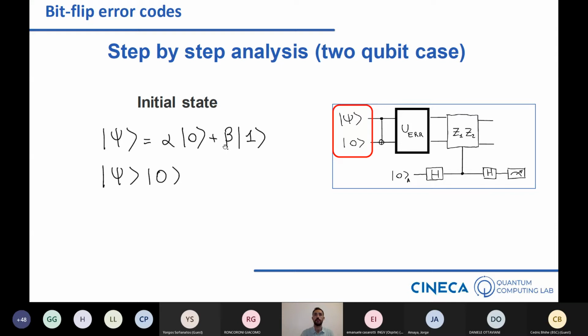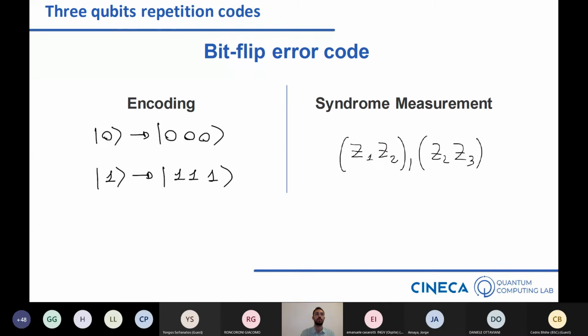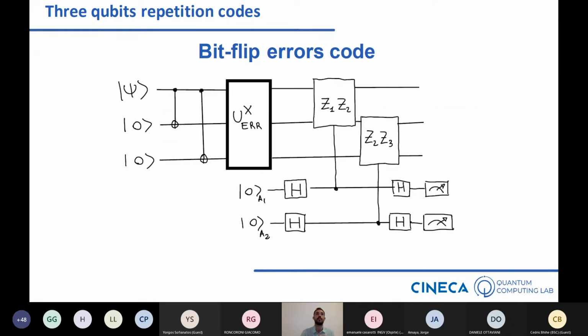So psi is the qubit state associated to your quantum algorithm. First of all, you have to encode the information. We have seen before that we want 0 to become 0, 0, 0, and 1 to become 1, 1, 1.